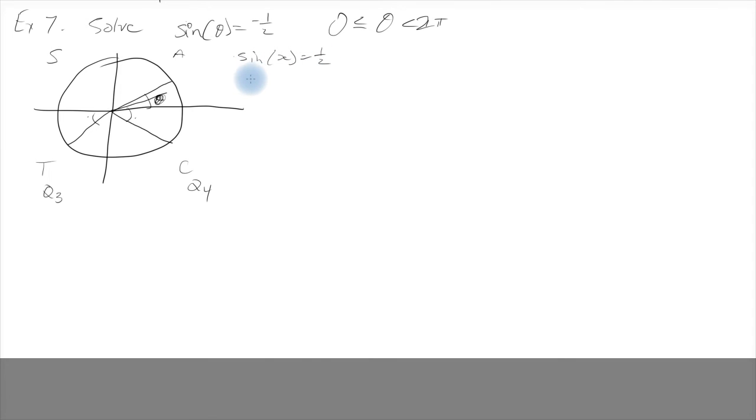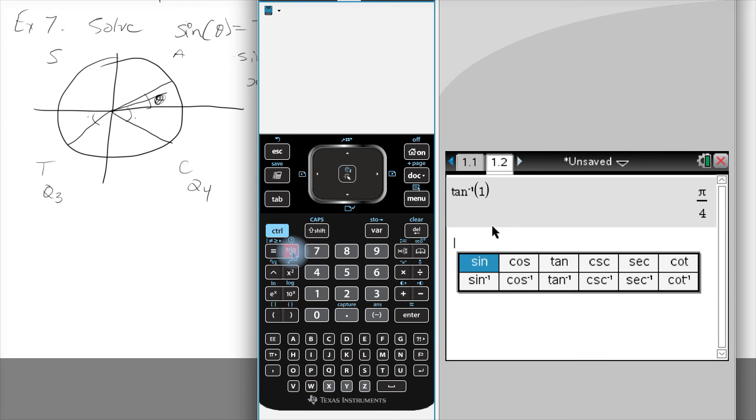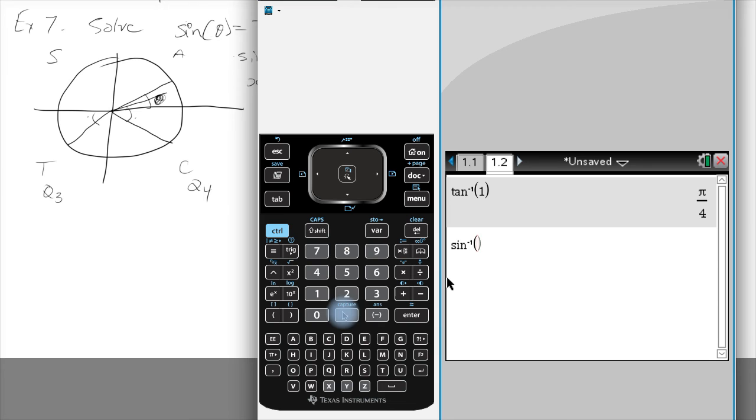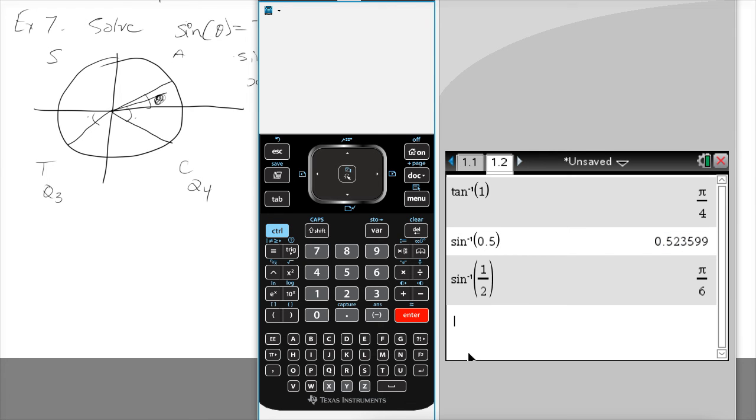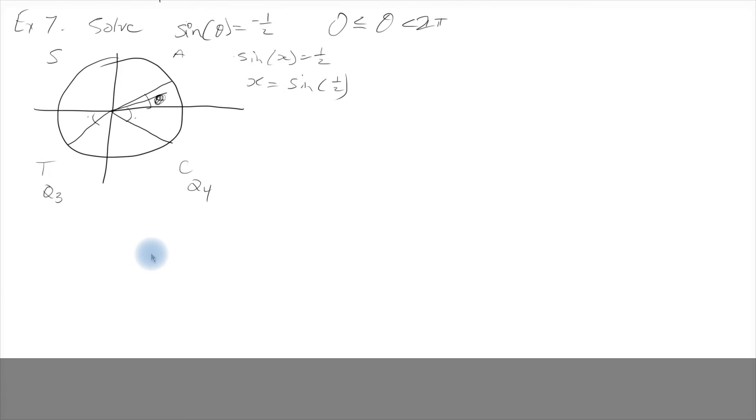Now we can say that x is equal to the inverse sine of a half. So let's do that on the calculator. Inverse sine of 0.5. If you put a decimal in, you get a decimal output, so I'm going to put in inverse sine of a half as a fraction. We get out pi on 6. So x equals pi on 6.